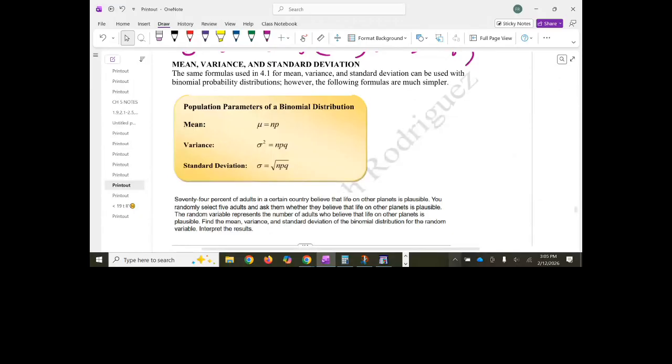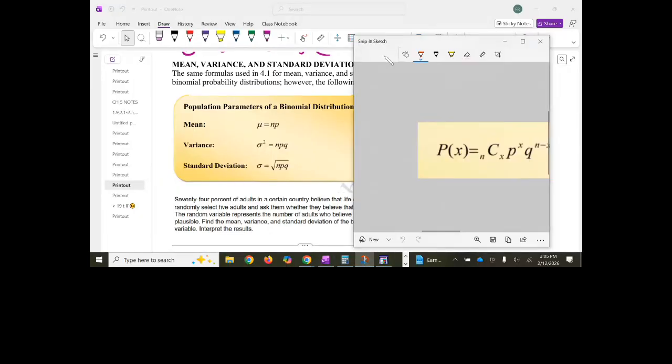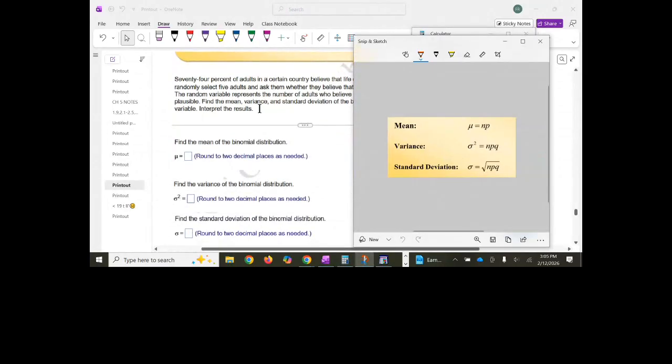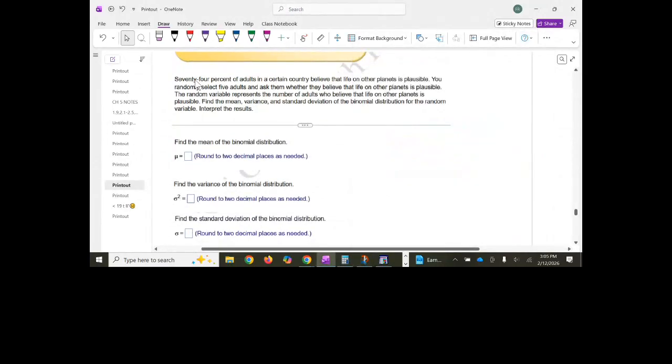So y'all, what I'm going to do real quick, boom, come back here. Let's go new. Let's get this guy right here just so that we have access to it. Okay, so let's take a look and let's see what we can do here. Look what it says. 74% of adults in a certain country believe that life on other planets is possible. Y'all, I'm going to write something down right here.